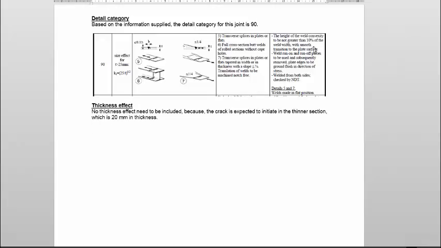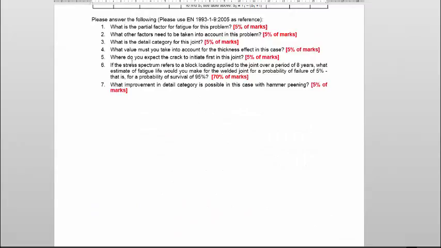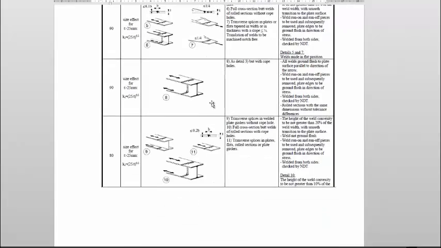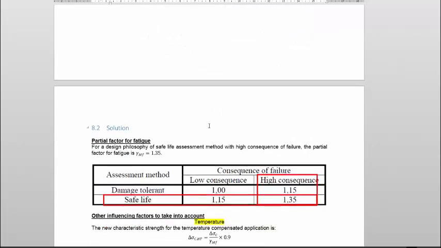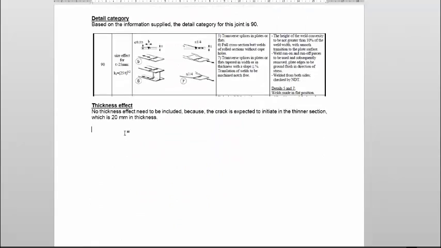Let's go and look at the next question. The next question is, where do you expect the crack to initiate in this joint? In this case, we expect the crack to initiate at the weld toe on the thinner section. At the weld toe on the thinner section. So we're going to say point of crack initiation.